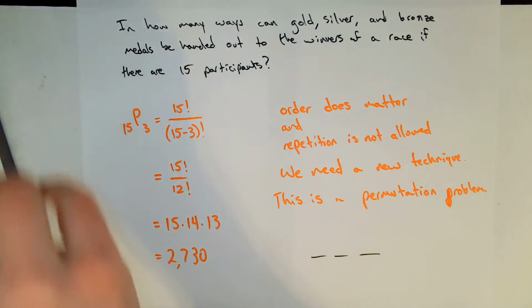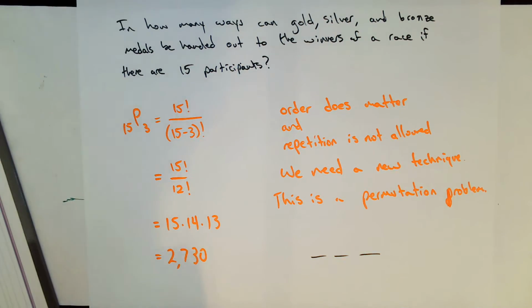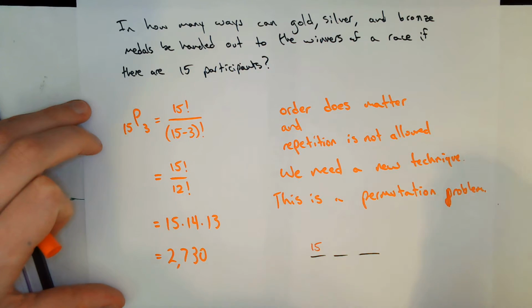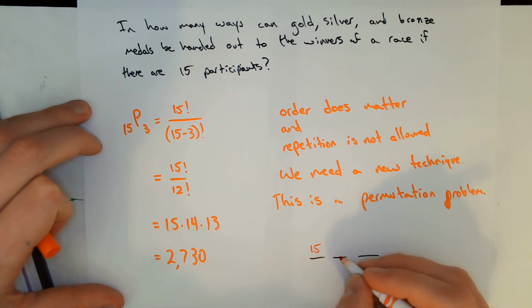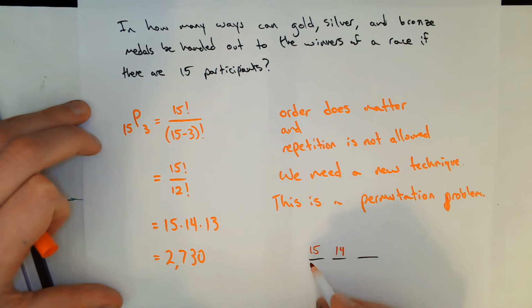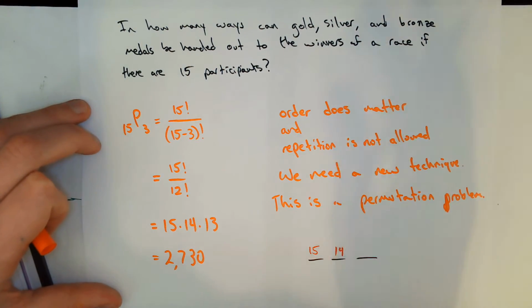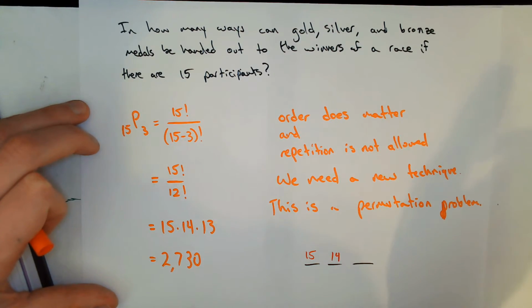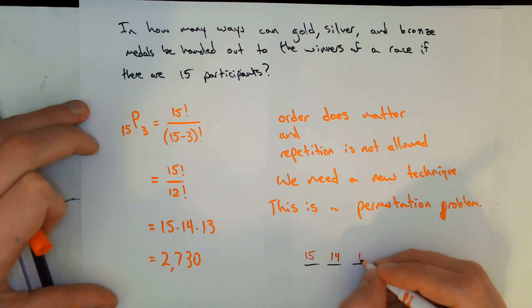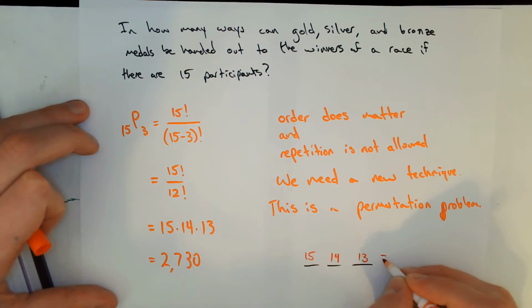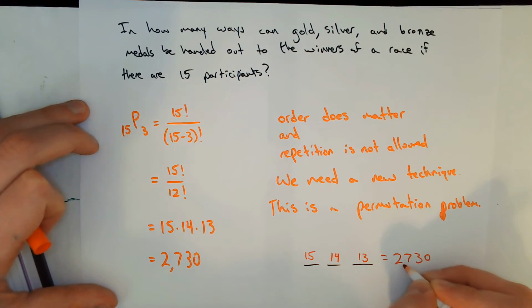And I only have 1 of each medal. So first choice, I have 15 people to choose from for the gold medal. Then there would be 14 for the silver medal, because 1 person has been used up. What I mean is they've already received the medal, and you can only receive 1 medal. And then there would be 13, because 2 people have received medals. And you would not have been wrong.